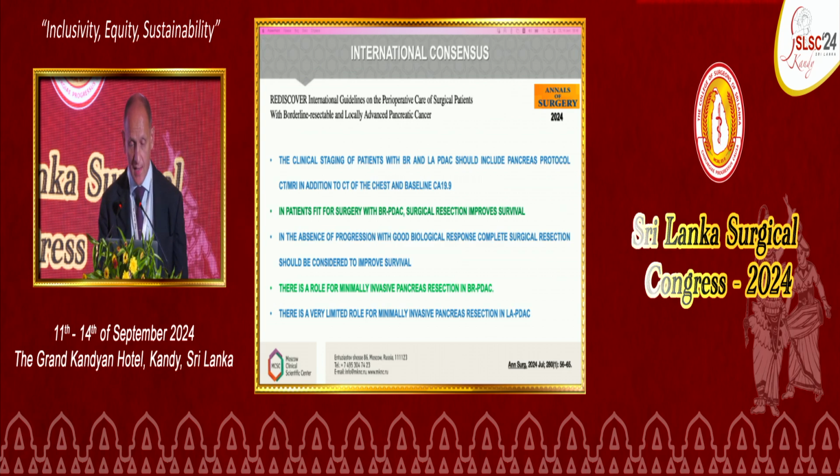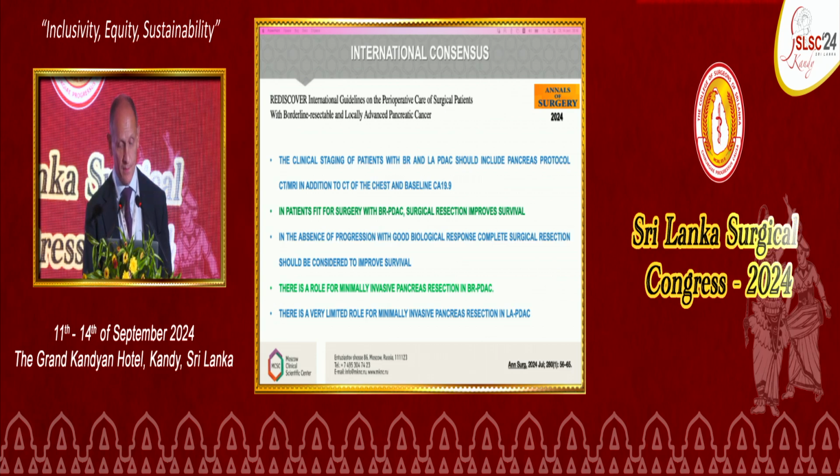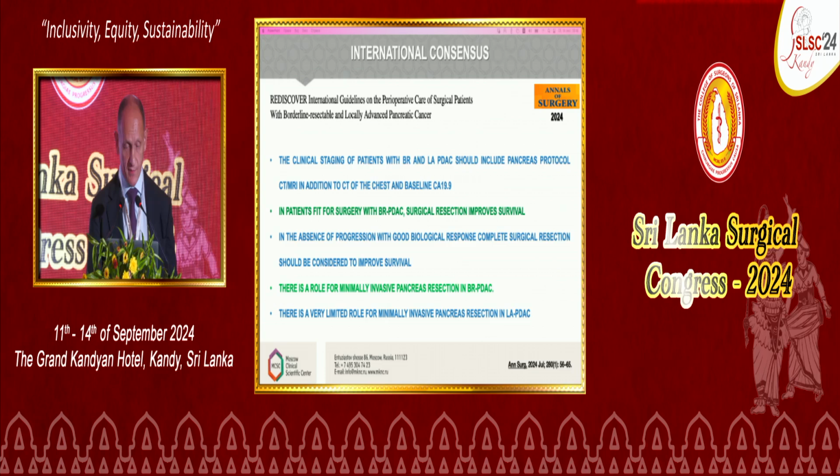And it is very important to keep in mind the level of CA 19-9, because although it is not suitable for all patients, it is very important to assess it when you assess the response to the preoperative chemotherapy.